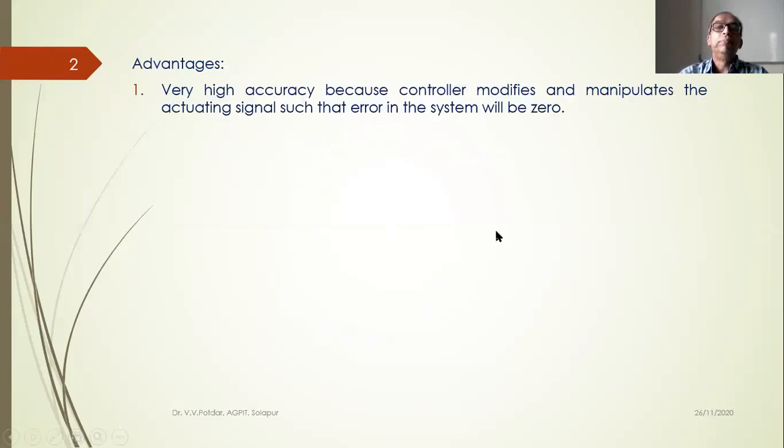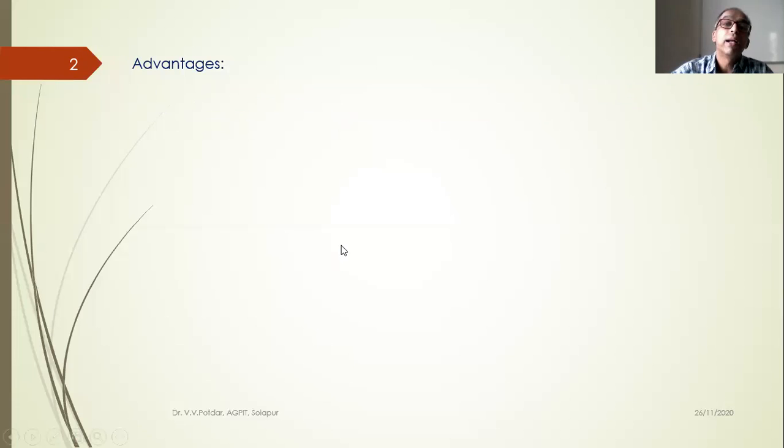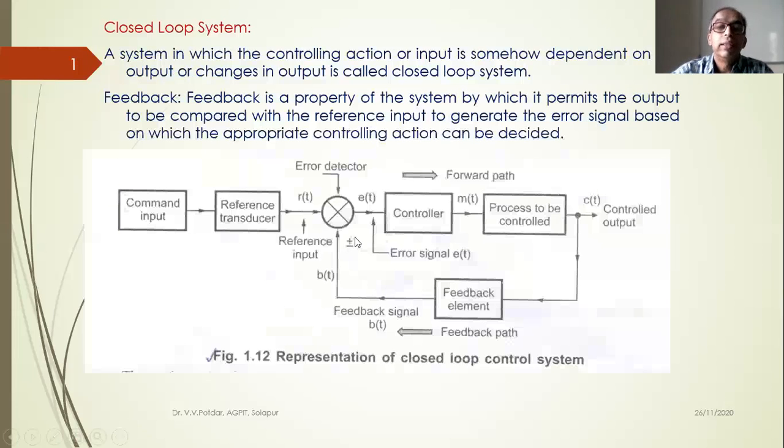Now, closed loop system, if you remember, we discussed in the last class, it has got very high accuracy because the controller modifies and manipulates the actuating signal such that error in the system will be zero. If you just recollect what this feedback control system does. See, in the open loop system, this feedback loop will not be there.